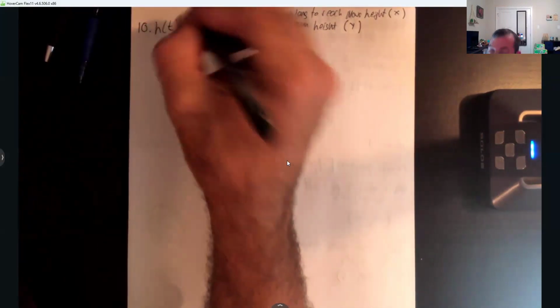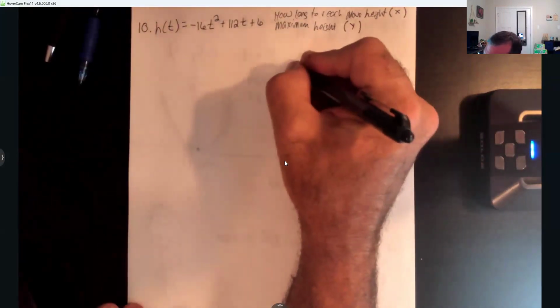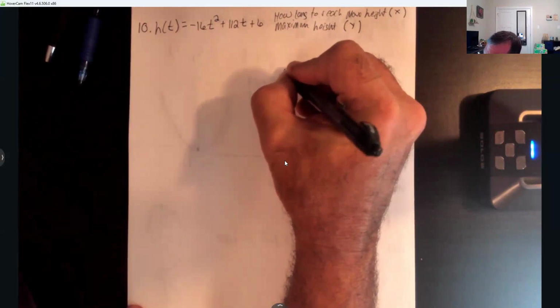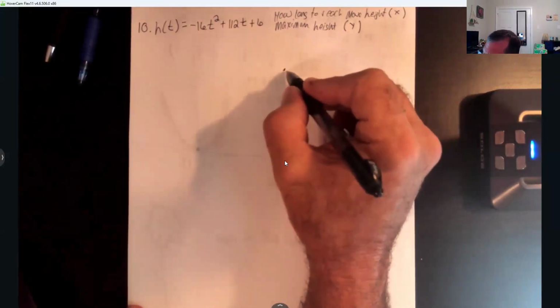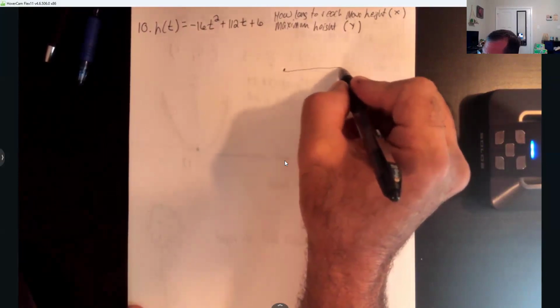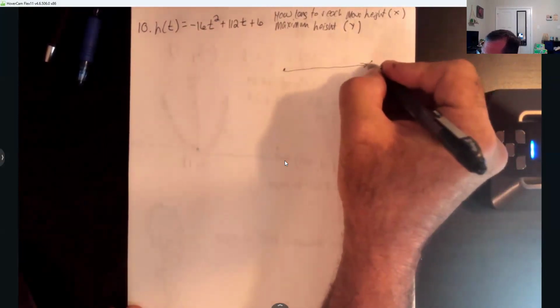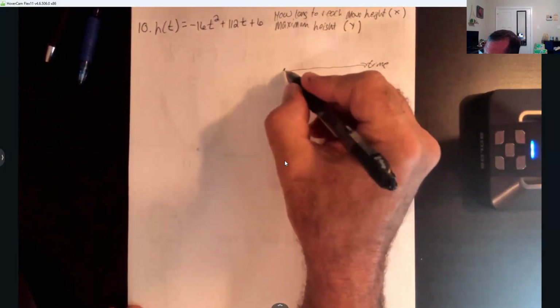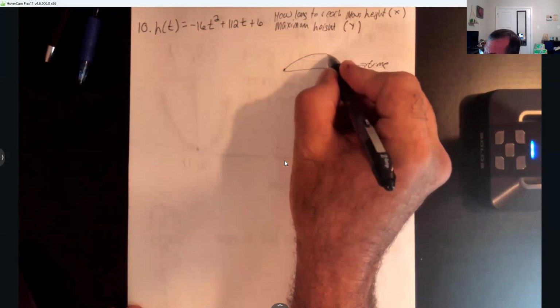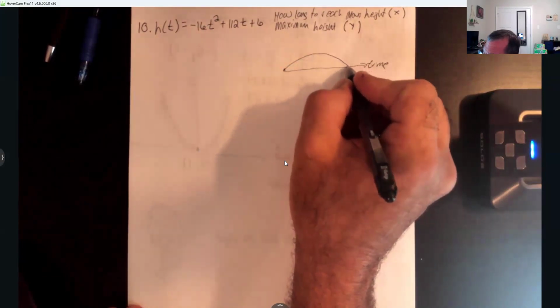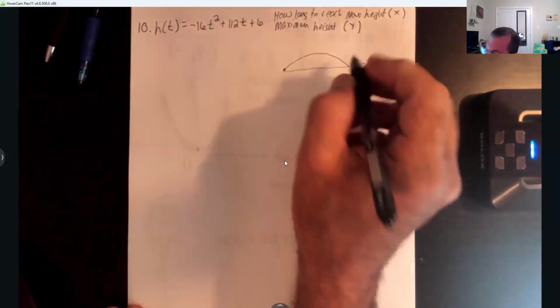All righty, so we're using the vertex formula. If you've got a launching pad with a rocket and you shoot it off, and let's say the x-axis is our time, that rocket's going to take off, go uphill, and then come back downhill and hit.